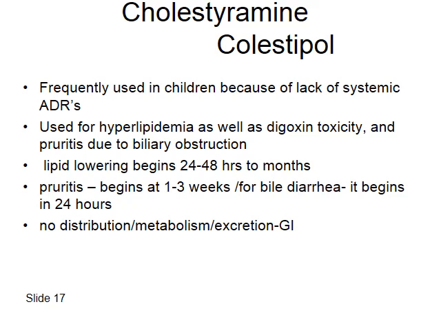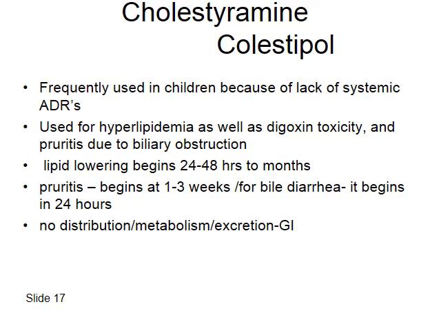Now the lipid lowering begins 24 to 48 hours after the start of treatment, but really may take months for levels to come down and stabilize. Alright, so this is going to be a treatment that may take days to weeks to months to see that 20% improvement.